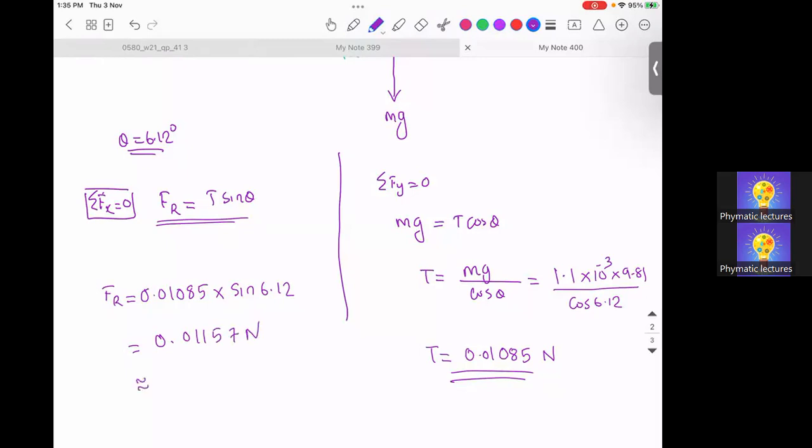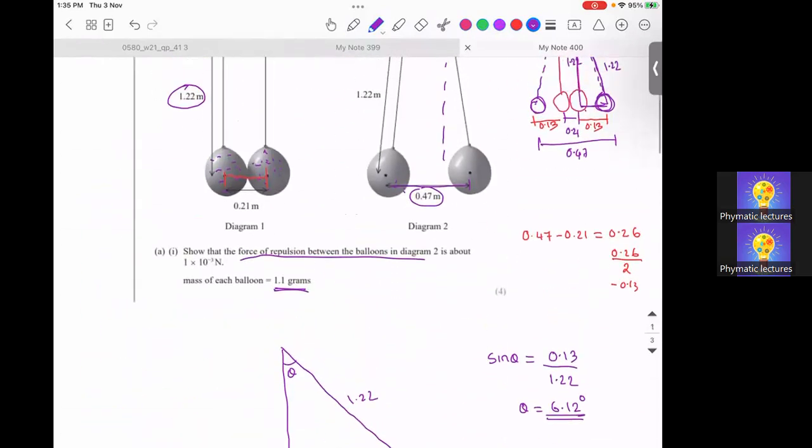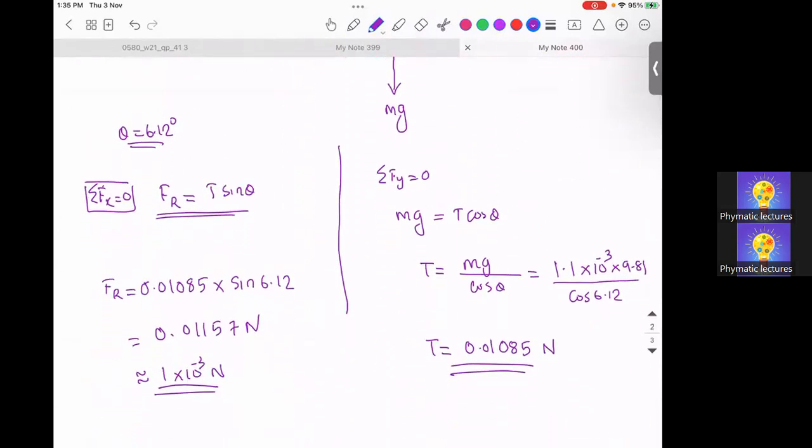So that is approximately 1 into 10 raised to minus 3 Newton. And that's what they're asking us to solve. Clear? So here they're asking, show that the force of repulsion between the balloons in diagram 2 is about 1 into 10 raised to minus 3 Newton. So we calculated it. That's it.